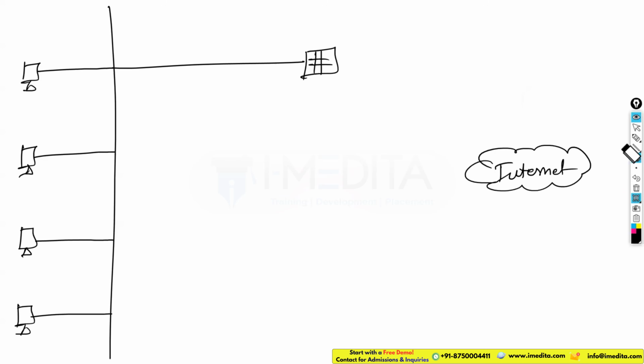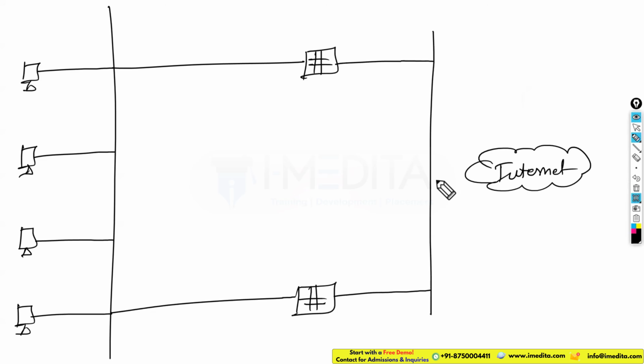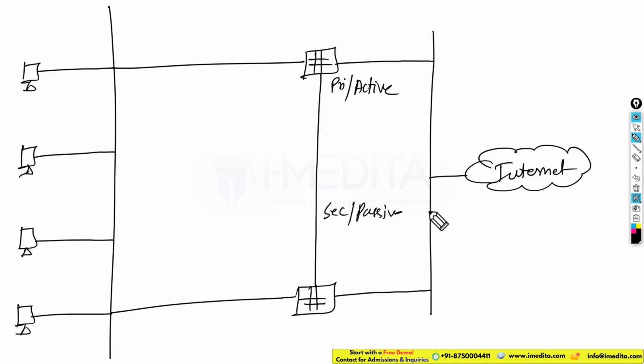Most companies use two firewalls, firewall 1 and firewall 2. They are connected with the internal network and the external network. Then we need to connect both firewalls with each other. One firewall will be primary, that will be active. The other firewall will be secondary, that will be passive.